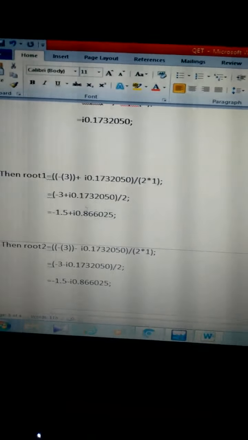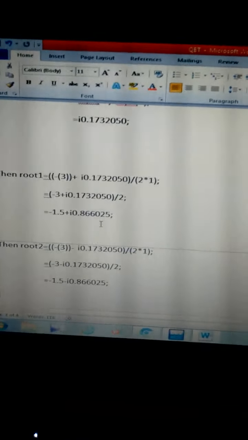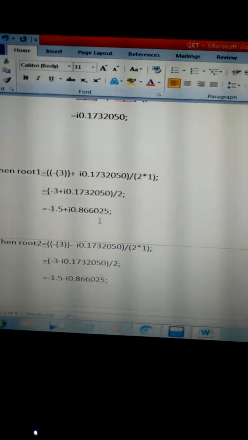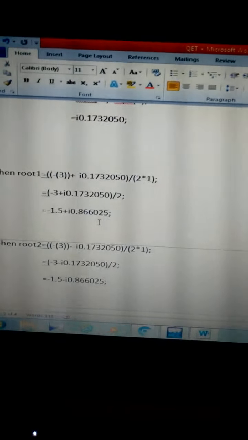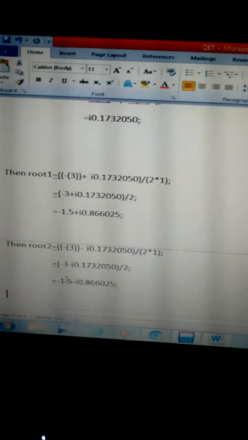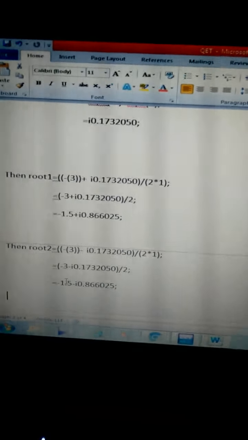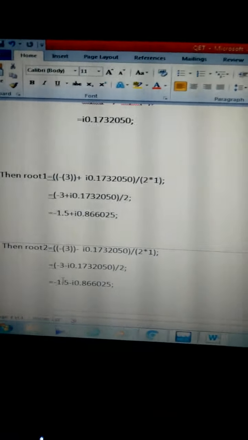Substituting the values, we get root 1 as minus 1.5 plus i 0.866025, and for root 2 minus 1.5 minus i 0.866025.